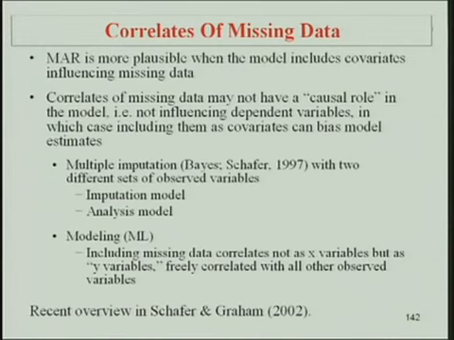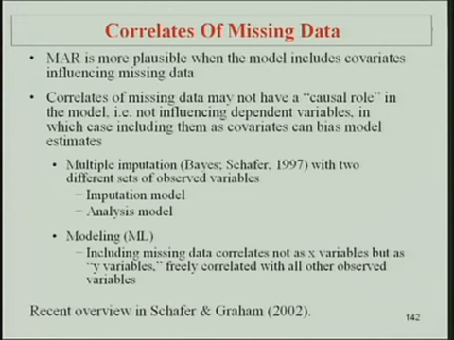Two approaches to deal with the inclusion of correlates of missing data in the proper way are multiple imputation and maximum likelihood modeling. For multiple imputation based analysis, there's a book by Joe Schafer, 1997, a very good book. It works with two different sets of observed variables: one, a set of variables used for the imputation model, and another for the analysis model.